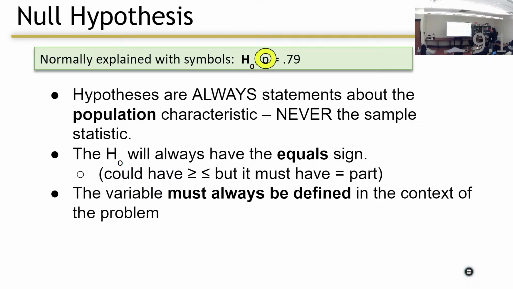Whatever that parameter is has to be defined in context. So if I said P equals 0.73, then I have to say where P is the true proportion of students with a 3.5 or higher. Where mu is the true average gas mileage of a GMC pickup truck.